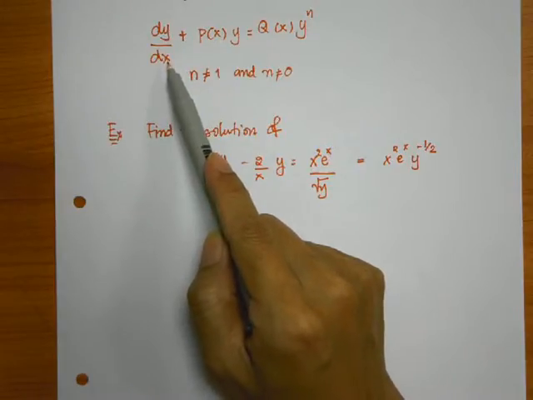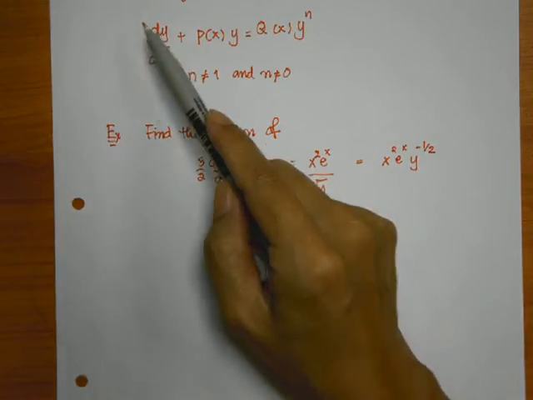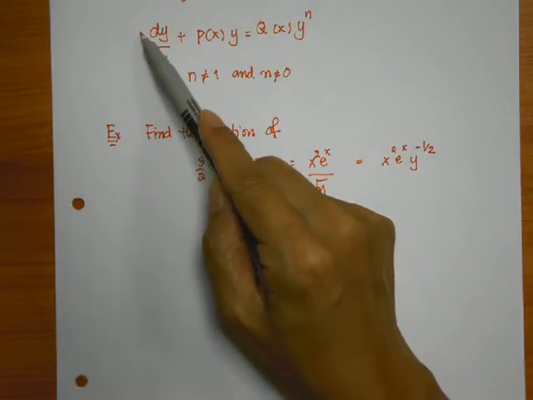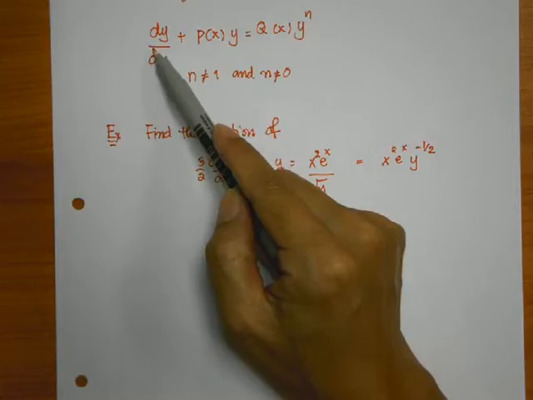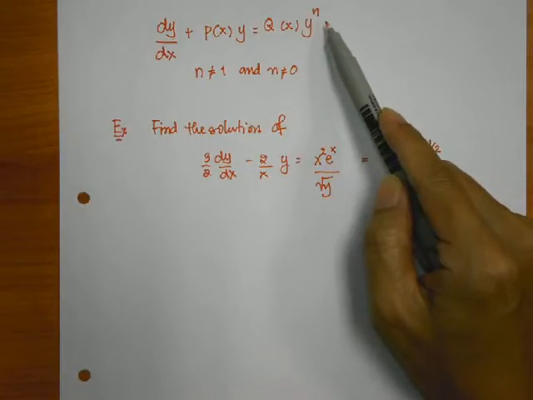So you should do it before you make any assumption. Sometimes you might see a y term in front of dy/dx. If you don't make it 1, you will be in trouble because you wouldn't be able to define what n should be.